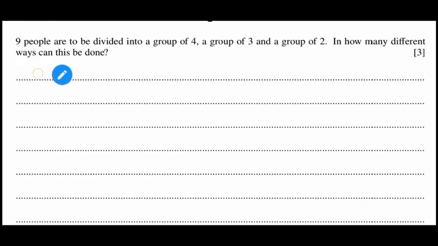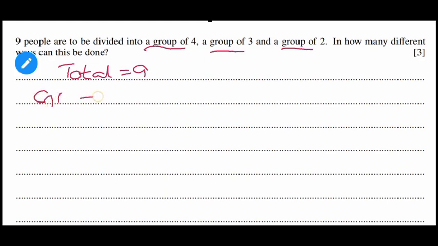So the total number is 9. Total we have 9 people. And here we need to make how many groups? 3 groups. Let's take group 1.